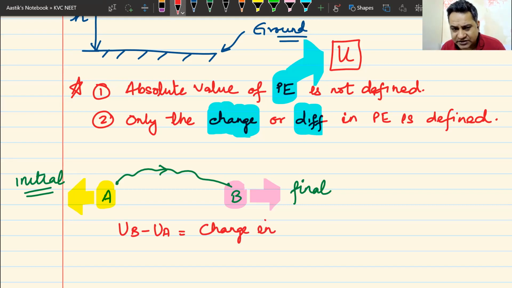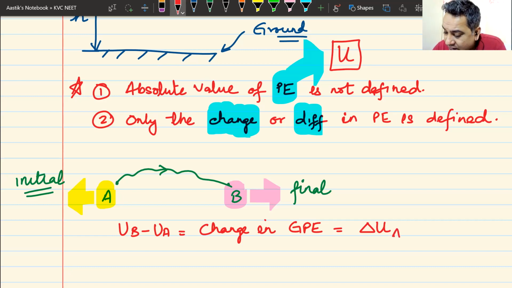It can be any potential energy. Let me just take GPE, G standing for gravitation, P standing for potential energy. So UB minus UA becomes the change in gravitational potential energy. I can also write it as delta U, and that is the term I'm going to use. Delta meaning change, U means energy, change in energy.